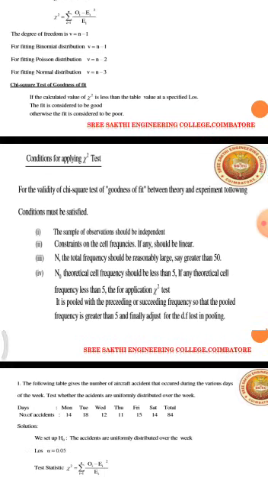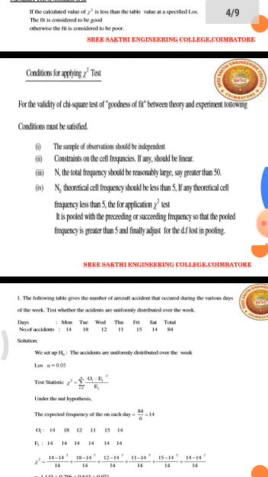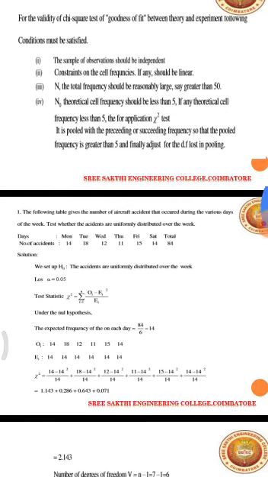Last, the theoretical cell frequency should not be less than 5. If any theoretical cell frequency is less than 5, it is pooled with the preceding or succeeding frequency so that the pooled frequency is greater than 5, and finally we adjust for the degrees of freedom lost in pooling.